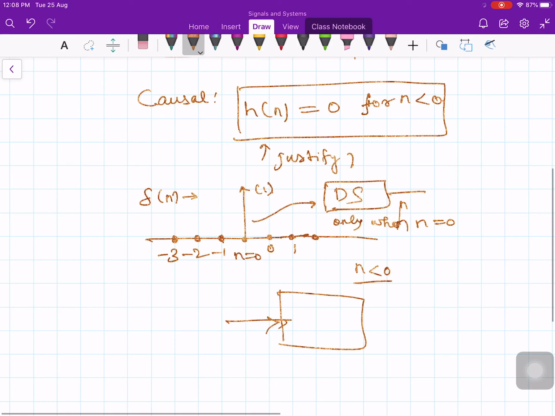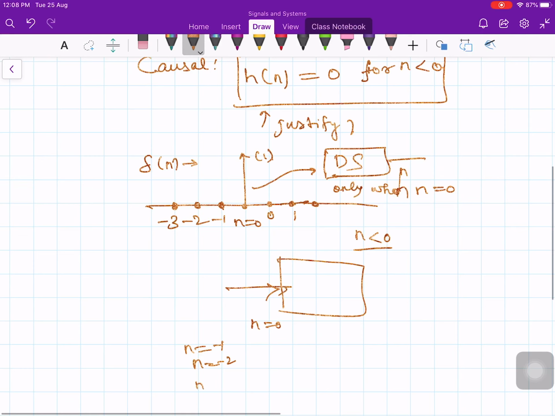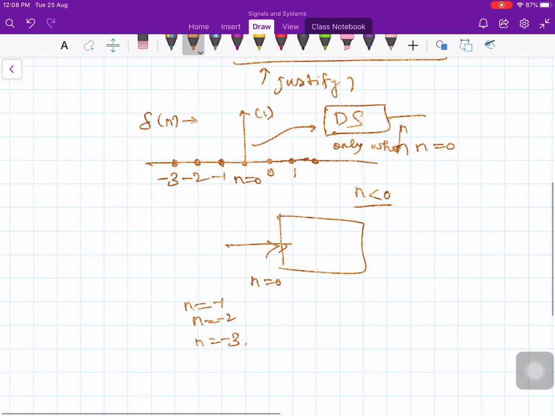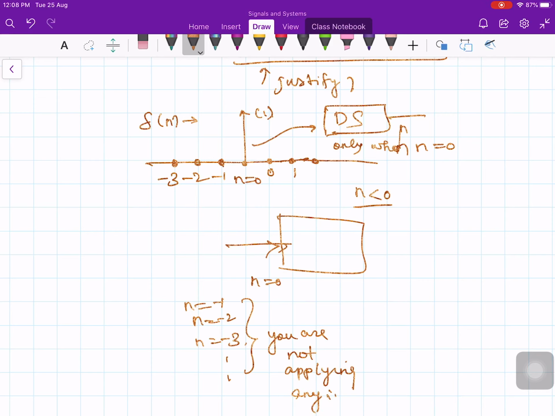Before n equals 0, that means when n is equal to minus 1 or n is equal to minus 2 or n is equal to minus 3 and so on, you are not applying any input, right? If you don't apply any input, then how do you expect an output of the system? Therefore, h of n is equal to 0 when n less than 0 for a causal system. So that is the definition we should remember.